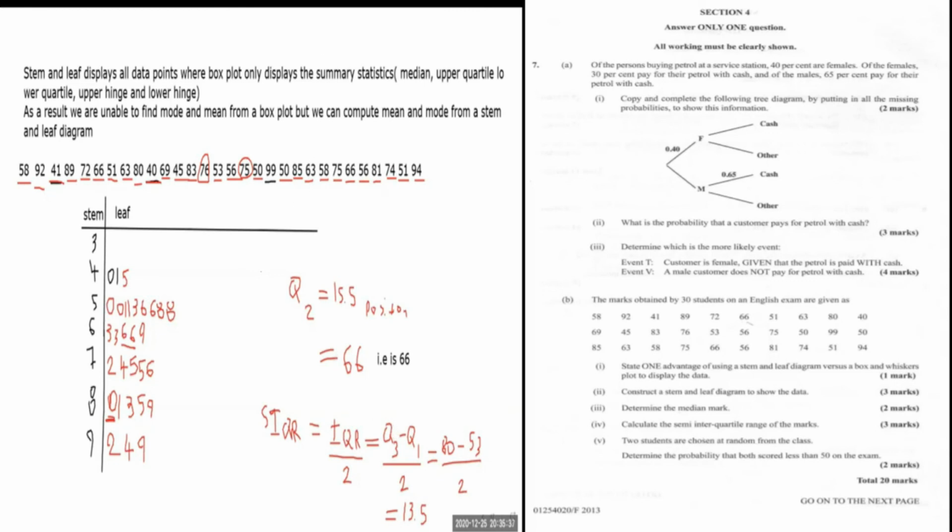If you want to know how I found these, think of it this way. After you reach the middle number, think of it as splitting the data in half right here. All right, you split the data in half.